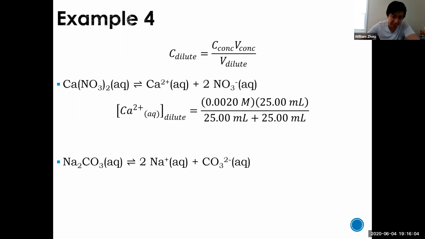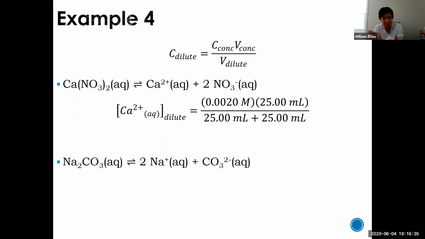The initial concentration of calcium is given to you as 0.02 moles per liter. Well, actually, the question gives you the concentration of calcium nitrate. It doesn't give you the concentration of calcium. But you can extrapolate. It's a 1-to-1 mole ratio. It's got to be the same. So it's still 0.02. The volume of that is 25. It says you mix two 25s together.